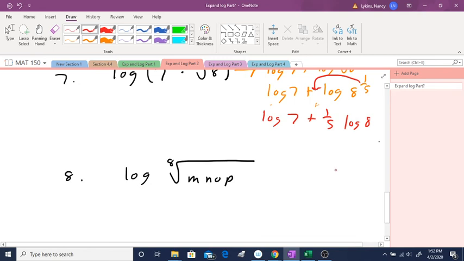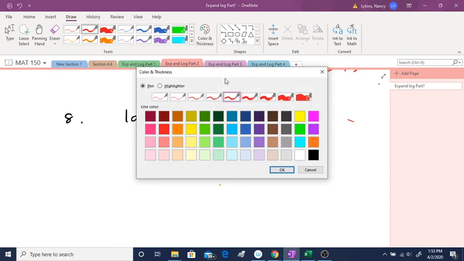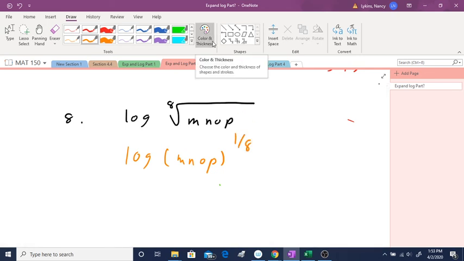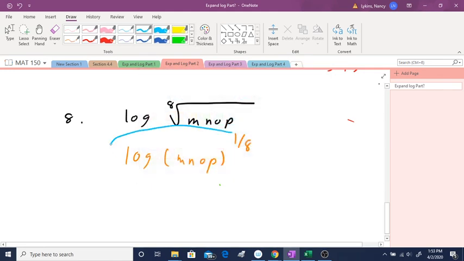Finally, let's just say I have log the 8th root of m times n times o times p. Like I said, there's several ways we can approach this. I'm going to use the power rule, and I'm going to put the m, n, o, p in parentheses. That 8th root means I'm going to raise it to the 1/8 power. Then I'm going to drop the 1/8 in front.